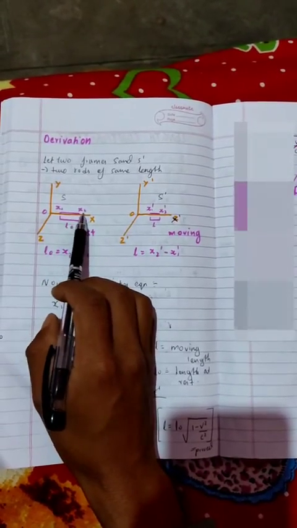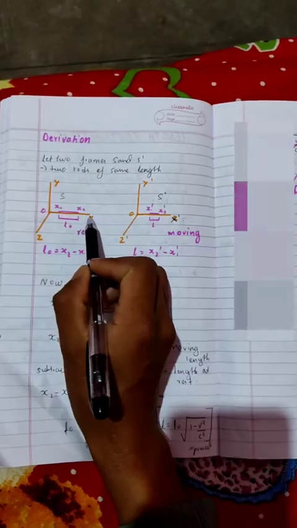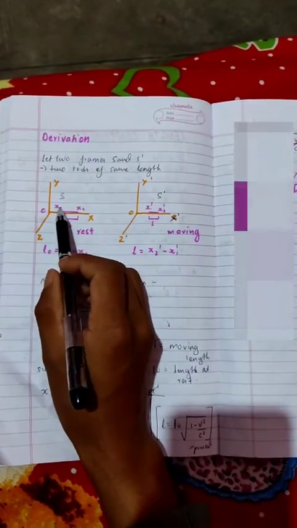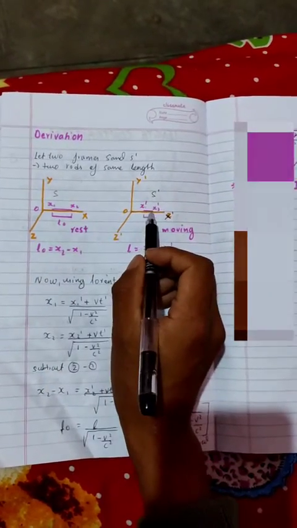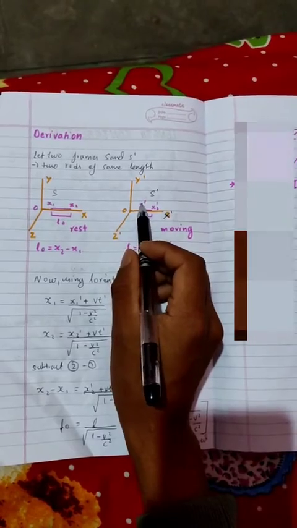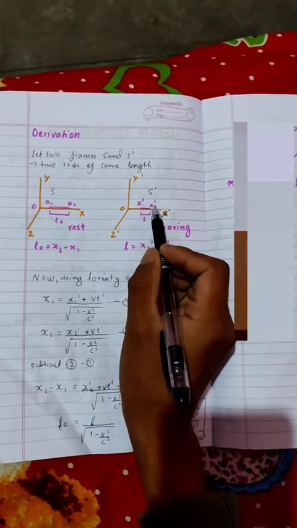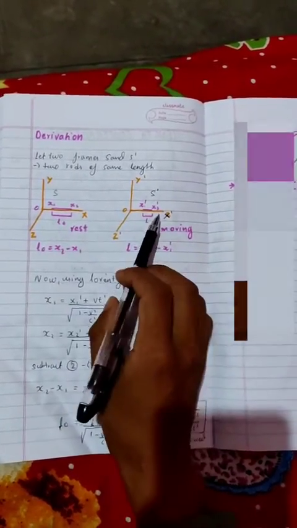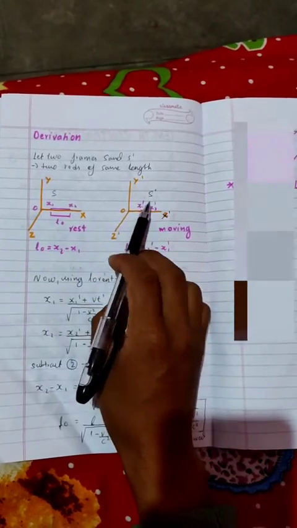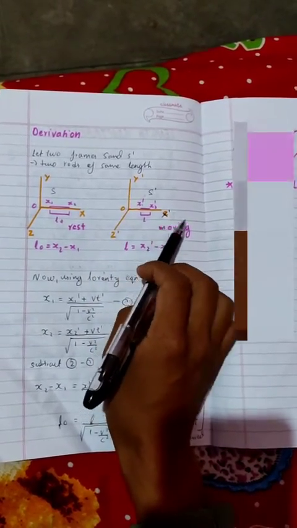For this rod the coordinates are x1 and x2, and for the other rod the coordinates are x1 prime and x2 prime. And this frame S prime is moving.